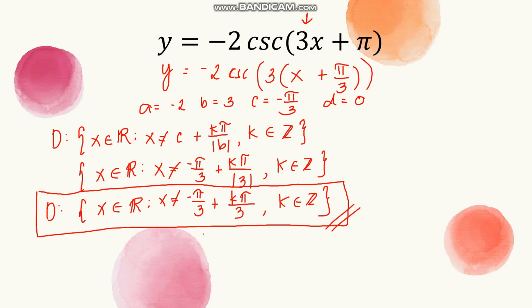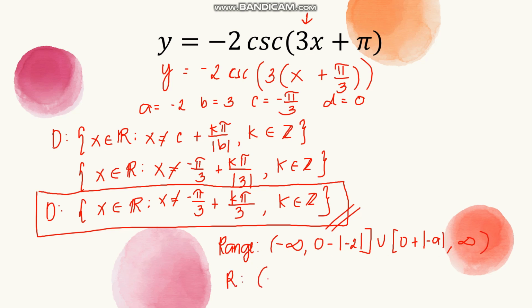For our range, we just have one formula, so that is negative infinity, then you have to get d. Our d here is 0, minus absolute value of a, which is negative 2, included, union with d plus absolute value of a up to positive infinity. Then all you have to do is simplify this.